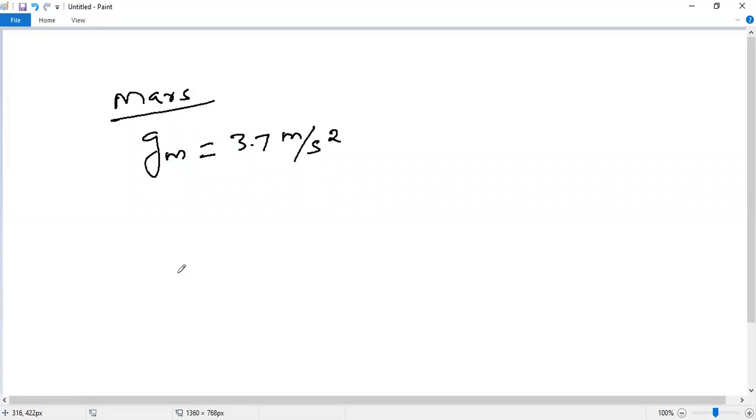What is the time period of a simple pendulum on the Mars?